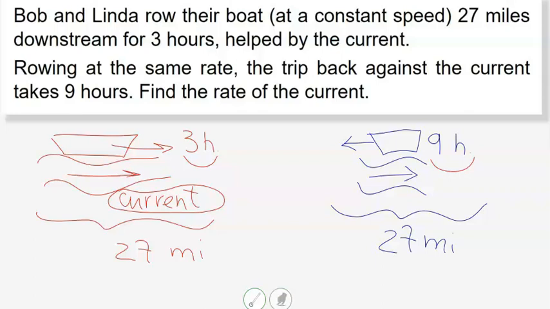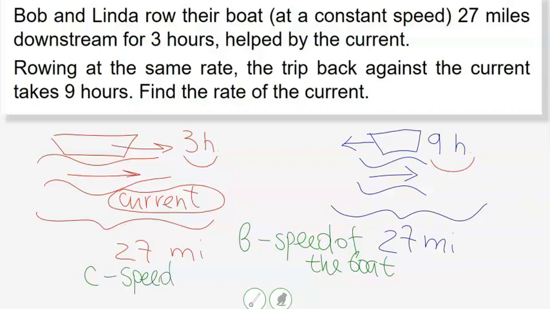Let's say B is the speed of the boat in still water. And C will be the speed of the current.